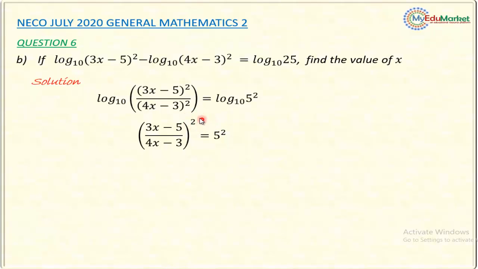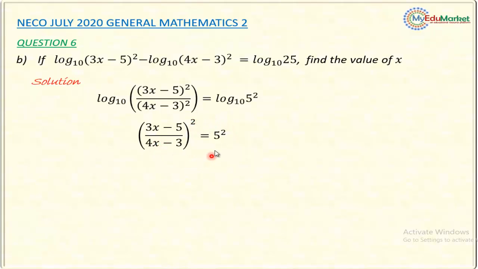And this power 2 that I have over here, because the two brackets both have power 2, I can take this power 2 outside the bracket, because writing it outside the bracket belongs to both, meaning it belongs to both numerator and denominator. So I continue.